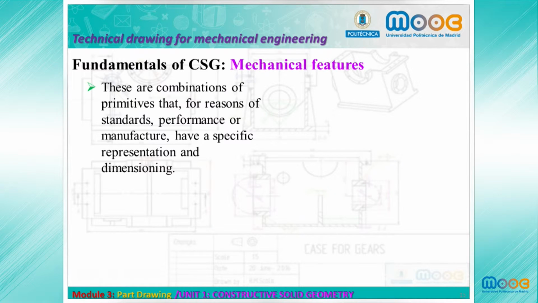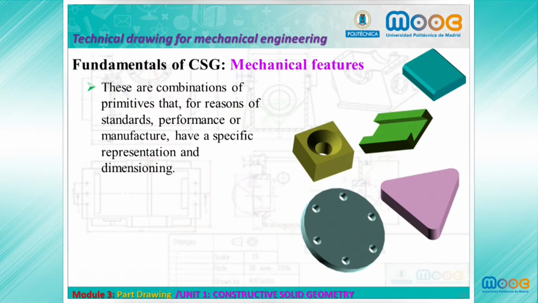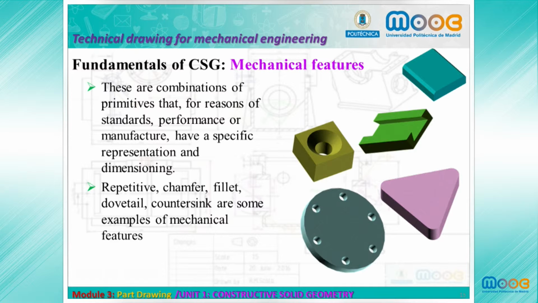These are combinations of primitives that, for reasons of standard, performance, or manufacturing, have a specific representation and dimensioning. Repetitive element, chamfer, fillet, dovetail, countersink are some examples of mechanical features.